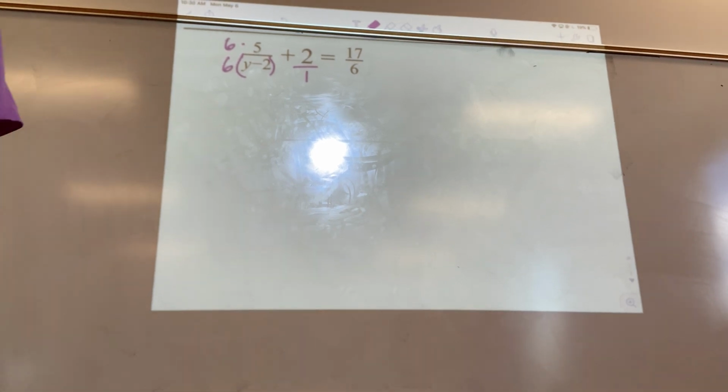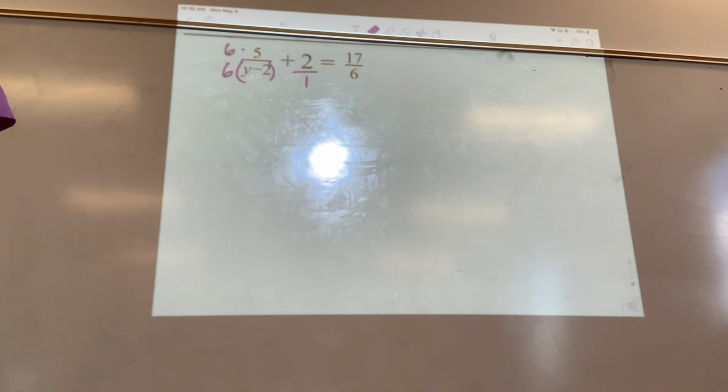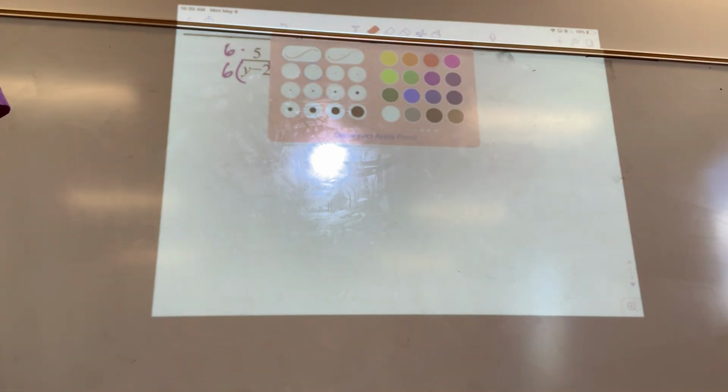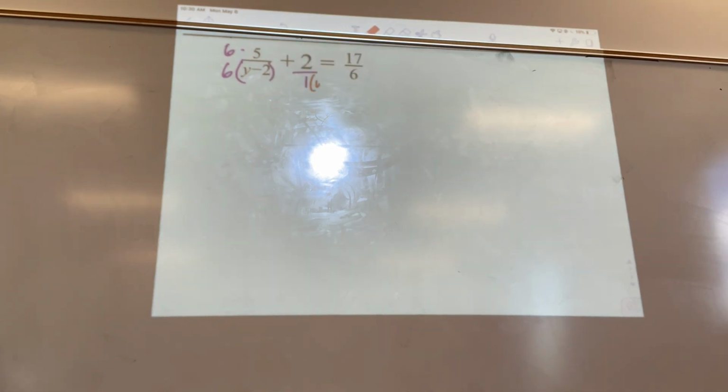So then what is the one in the middle jealous of? They want the y minus 2, right? As well as a 6. They want both. So times 6 times y minus 2. And then what is the last one jealous of? A y minus 2.